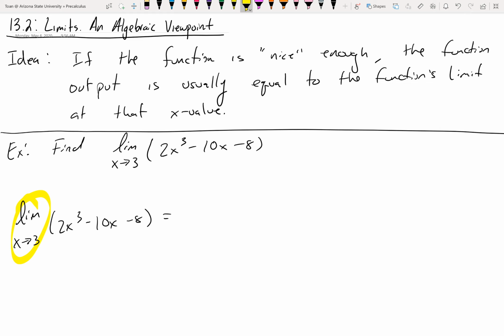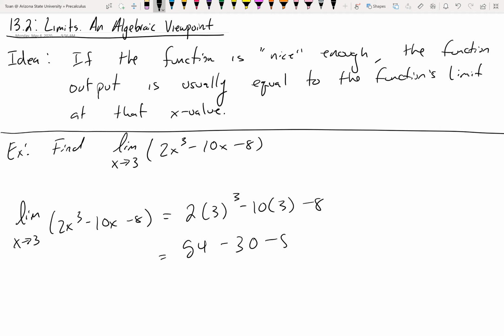You always have to write LIM, LIM, LIM. The only time that you can stop writing it is if you apply the limit, that is to say, if you substitute. So in this particular instance, my very next step is substitution, so I'm going to stop writing LIM. So I'm going to substitute the 3 in, and then just do math, right? So what's that? That's 27 times 2 is 54 minus 30 minus 8. So that's 24, so that is 16, right? Easy peasy.